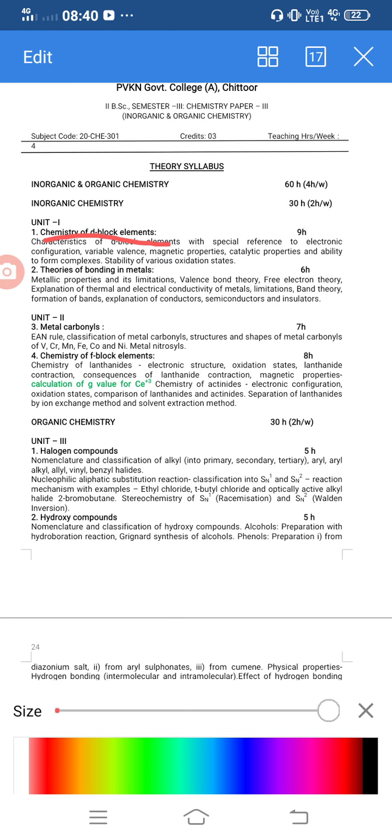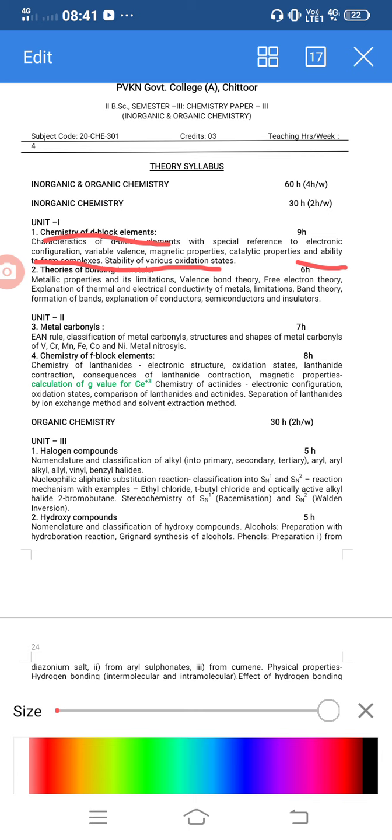The D block elements possess some properties like ionization enthalpy, oxidation state means valencies, magnetic properties, catalytic properties, ability to form complexes, like that. So it is very important chemistry.